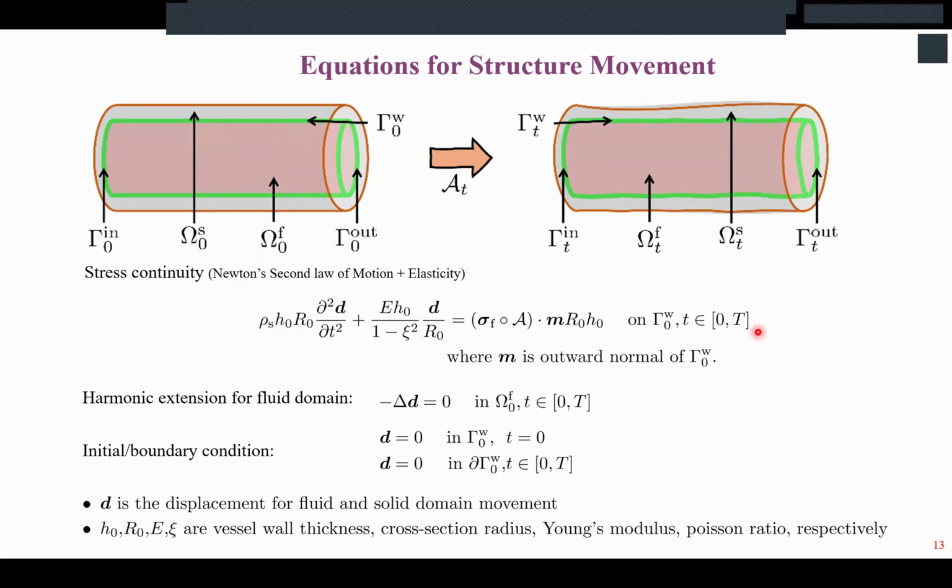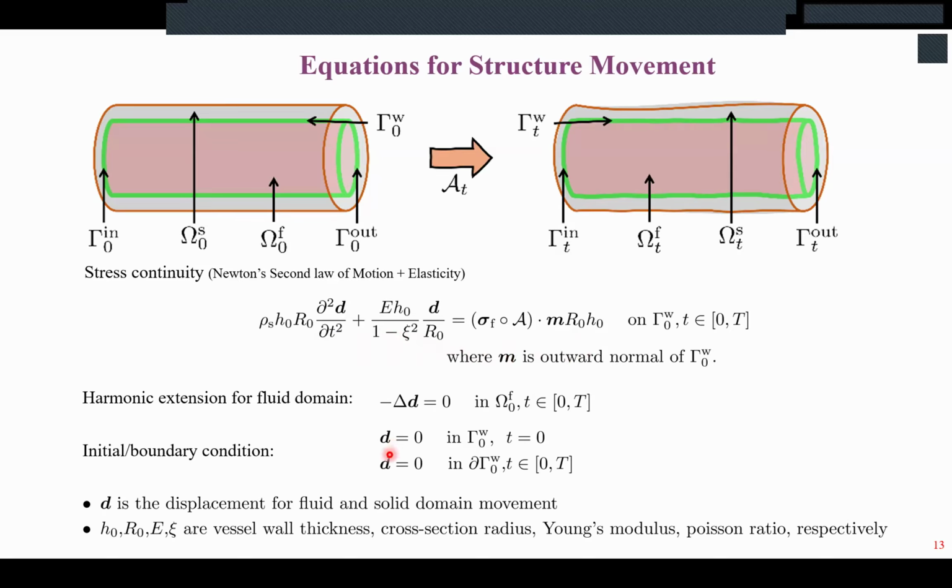Within it, the first term is the density multiplied by the volume and the acceleration, so by Newton's second law of motion, it is the force for the movement. The second term is the linear elasticity, while the term on the right-hand side is the force exerted from the fluid. So this stress continuity means the force that the vessel structure uses to deform, together with the elasticity, equals the force exerted from the fluid.